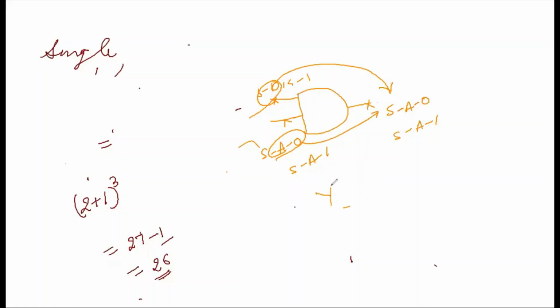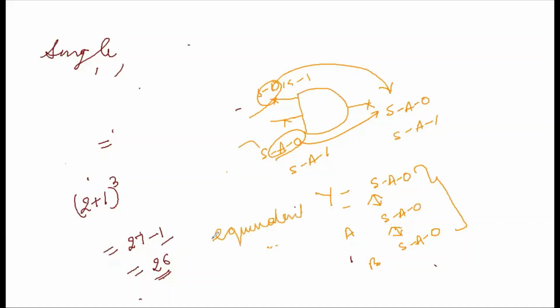So if let's say y is my output, I can say stuck at 0 fault at y is equivalent to stuck at 0 fault at input A, which is same as stuck at 0 fault at input B. So when I am able to identify the set of faults which are going to give me the similar behavior, I am going to identify the equivalent faults. So such faults are called your equivalent faults.